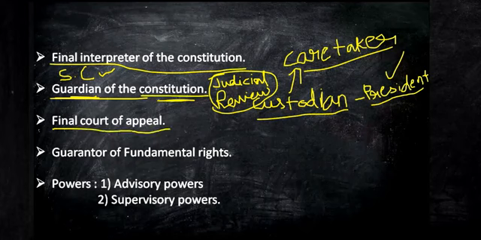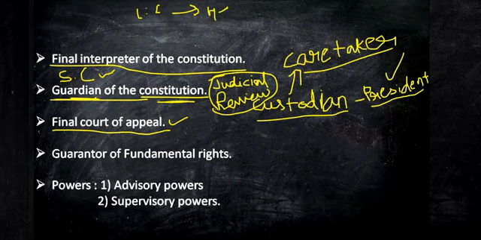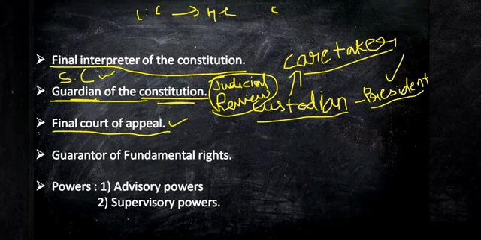Now what do you mean by final court of appeal? See, basically there will be a lower court and a high court, and above the high court there will be the Supreme Court. Now there is an aggrieved person who has some problem and needs justice, so he went to the lower court and there he didn't get any justice.